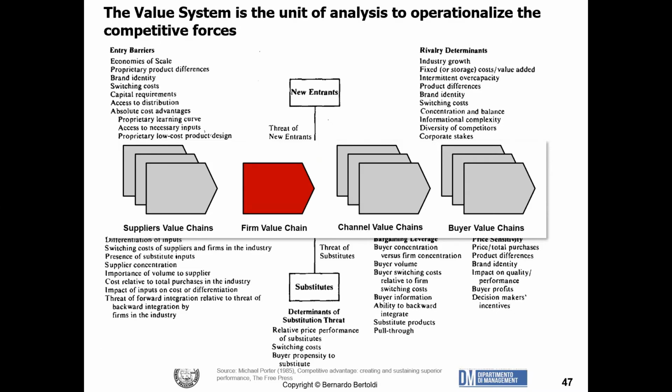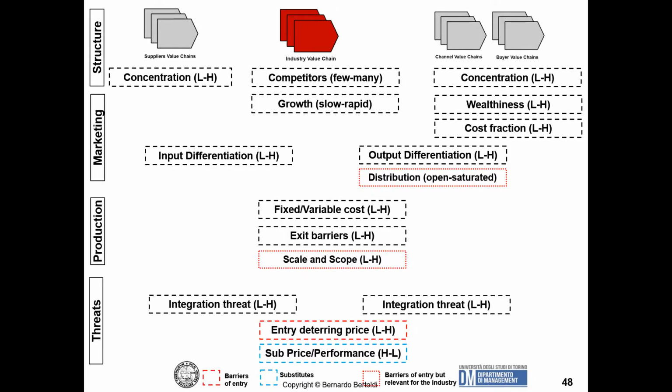And so we will, for a moment, substitute the value system into the logical structure, and we come up with 16 variables in 4 areas that you have to analyze in depth in order to really measure the forces working on your industry.